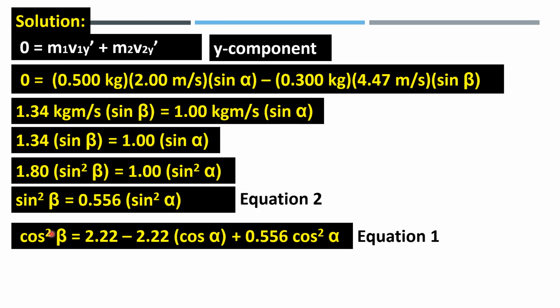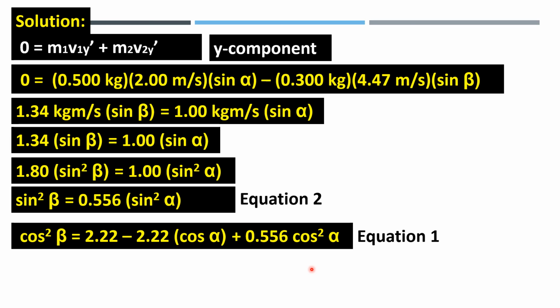And that's what I'm going to apply here. When we add equation 2 to equation 1, meaning when we add sine squared beta plus cosine squared beta, what do we get? We are going to get a value that is equal to 1.